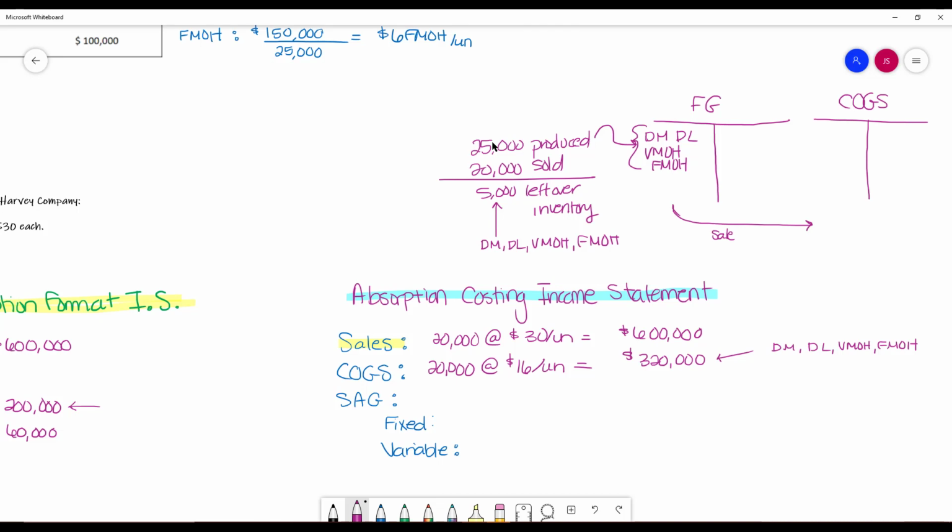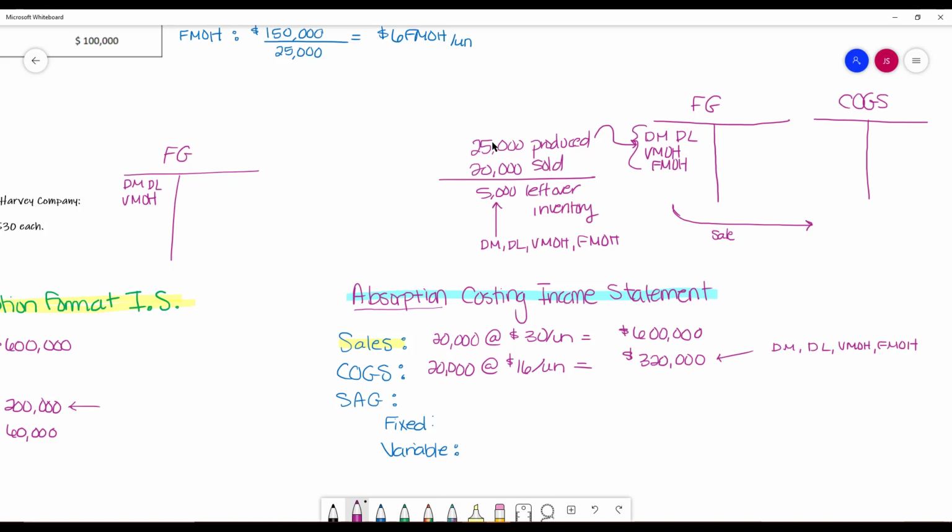So you're going to have fixed manufacturing overhead costs deferred in inventory under absorption costing, whereas under variable costing, when we produce those units, only direct materials, direct labor, and variable overhead are inventoried. The fixed overhead is expensed right away. It never even touches inventory. It's never considered part of assets. But under absorption costing, it is.